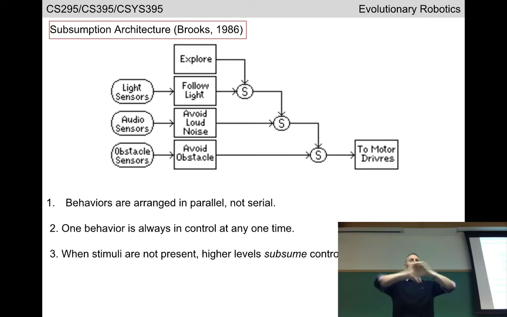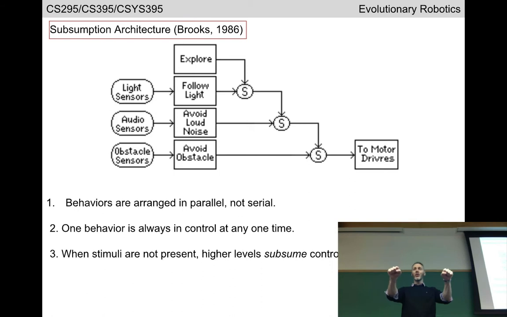Immediately the robot forgets about everything else and just pays attention to avoiding obstacles. If there are no obstacles nearby, then this system relaxes a little bit, and other systems can subsume or take over control of the motors.